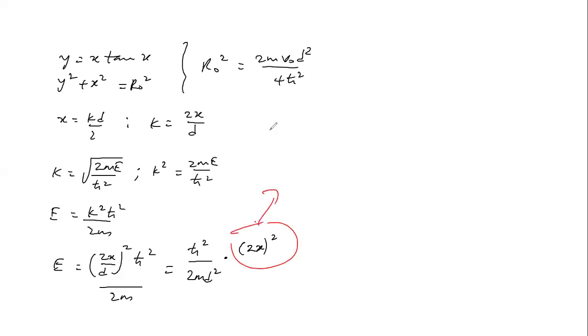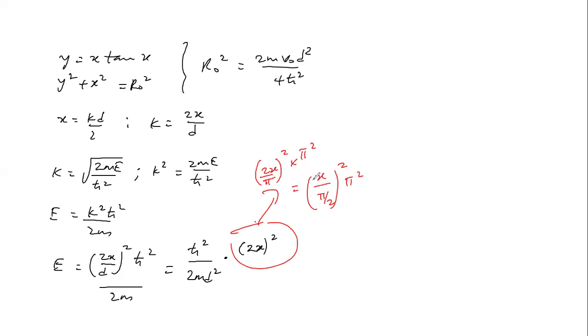2x squared in terms of pi, so that will be 2x over pi squared times pi squared. So once we take pi squared, we still have 2x squared. So this now will be the same as x over pi over 2, all squared, times pi squared.